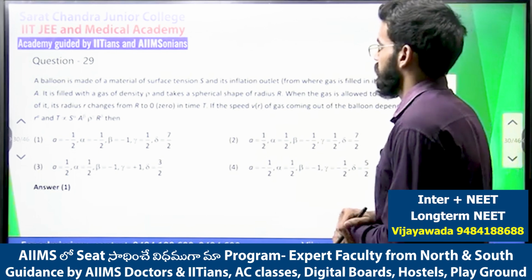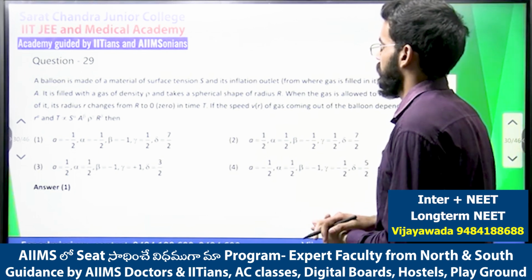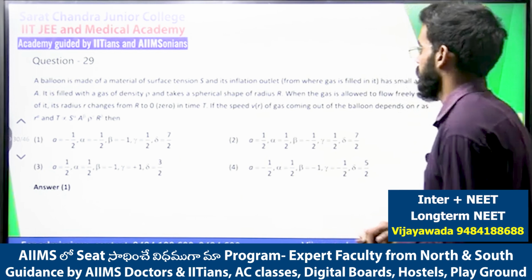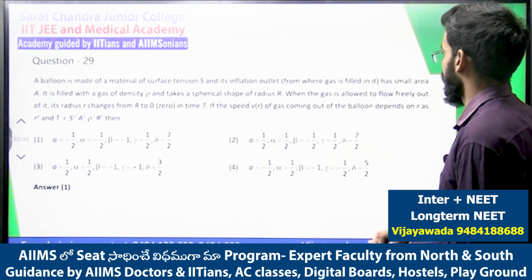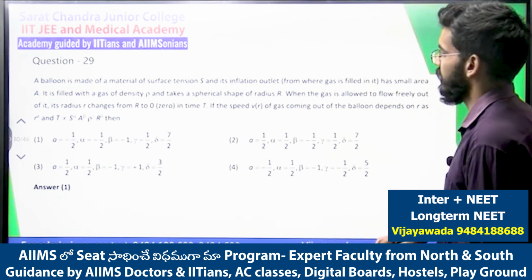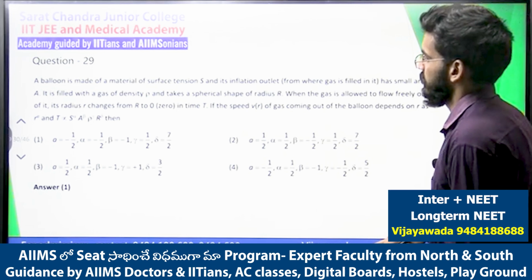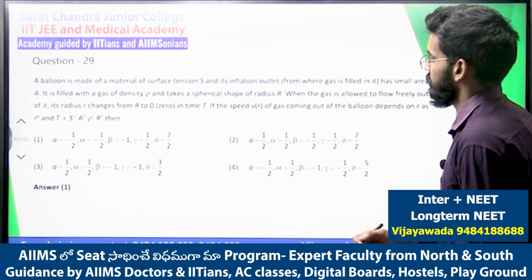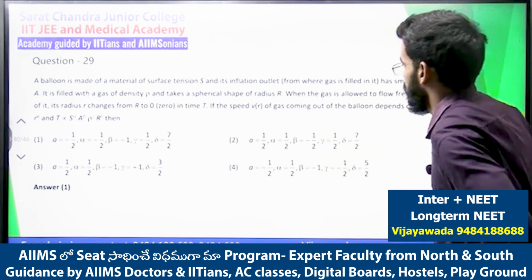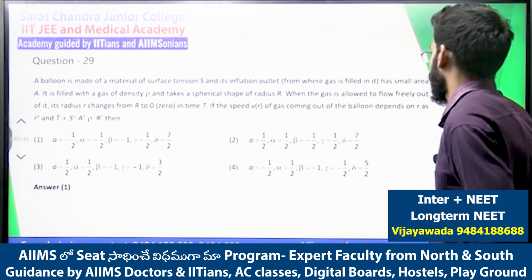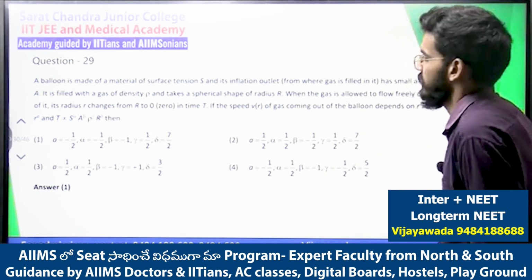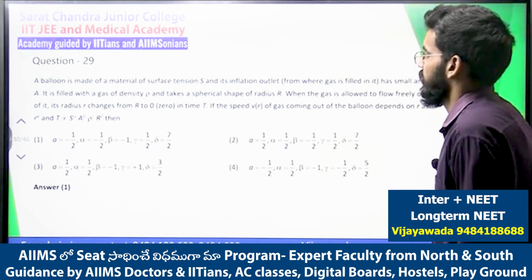29th. A balloon is made of a material of surface tension S, and its inflation outlet, from where gas is filled in it, has a small area A. It is filled with a gas of density rho and takes a spherical shape of radius r, and the gas is allowed to flow freely out of it. The radius r changes from capital R to 0.